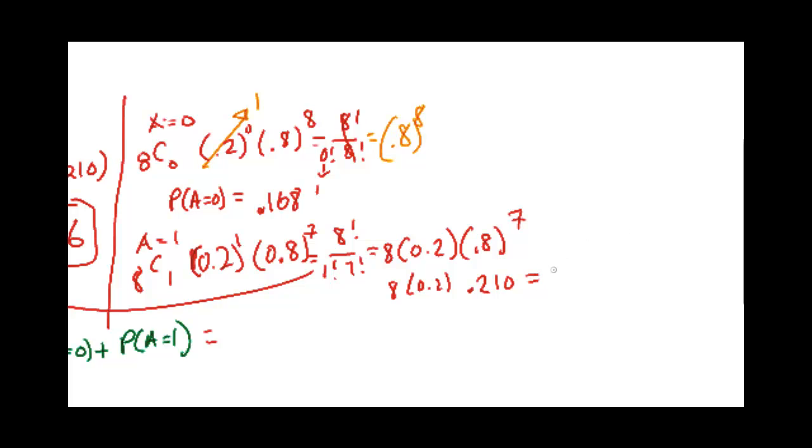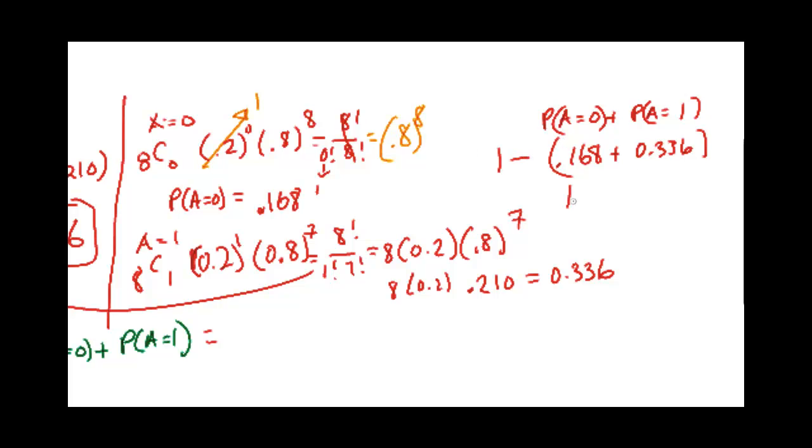I got 0.336. And if I take the probability of A equals 0 plus the probability of A equals 1, and have 0.168 plus 0.336, and then I'd have to do 1 minus that value.